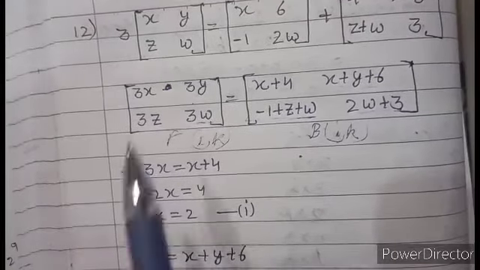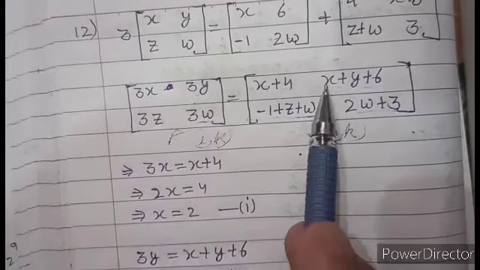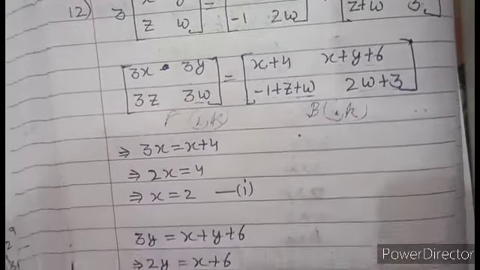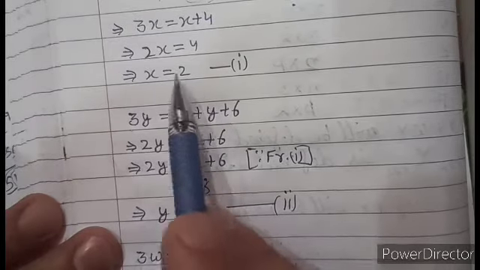Now here 3x equal to x plus 4 gives us x equal to 2, and 3y equal to x plus y plus 6 gives us the value of y as 4 after putting the value of x as 2.